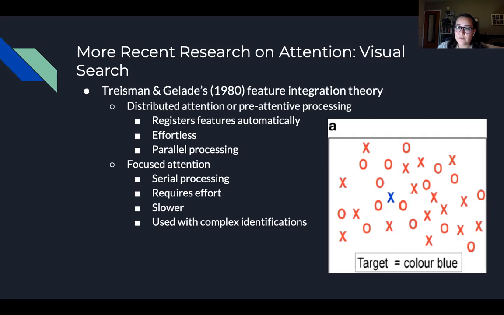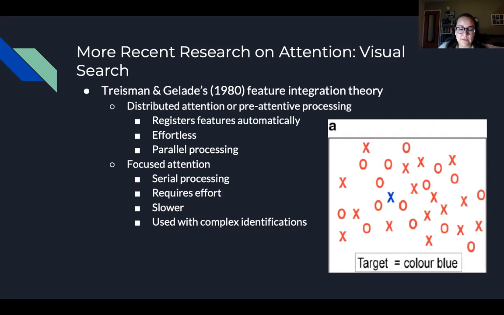It does mean that we have to go slower in our processing as well. We can also use it to identify which features belong together or should be perceived together. For example, which shape should be associated with which color, and which combination of those two features we should then be focusing on.